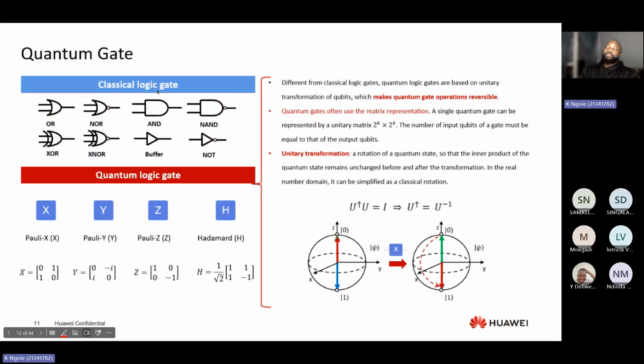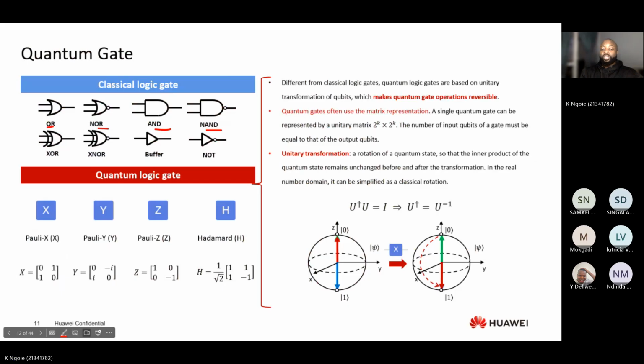So if you hear about gates in electronics, when we're looking at some gates, we have things like OR gate, NOR gate, AND gate, okay, we have XOR gate.